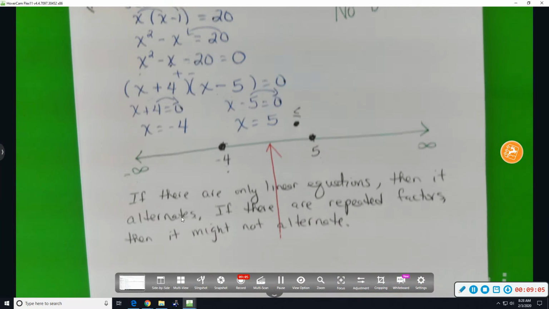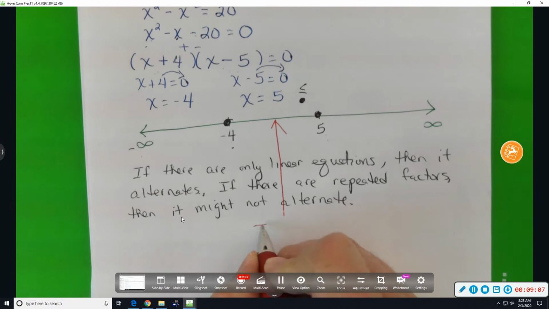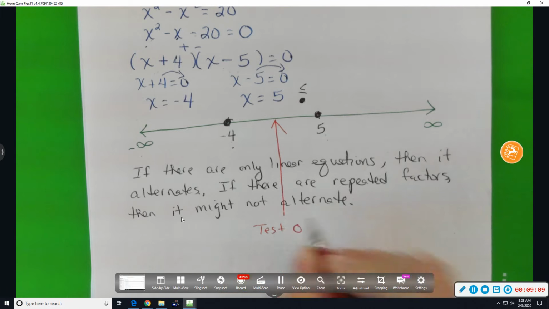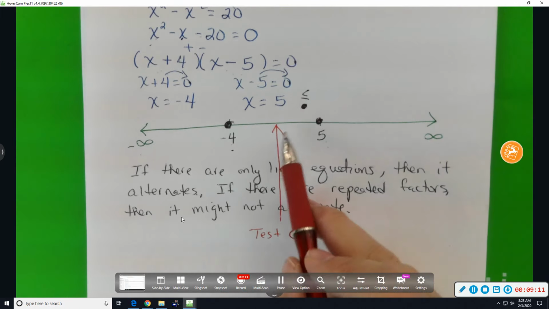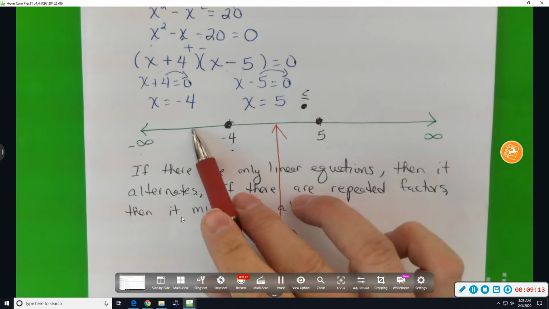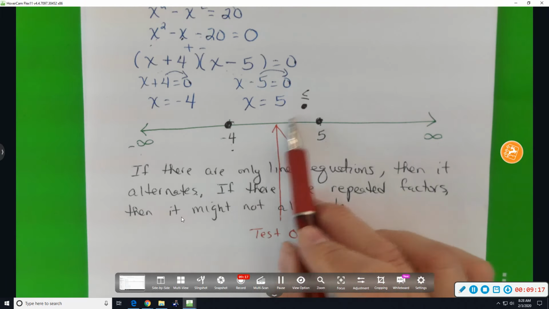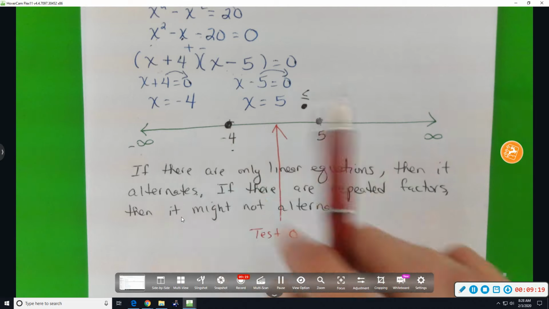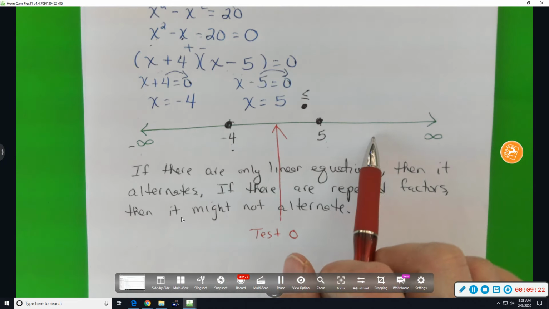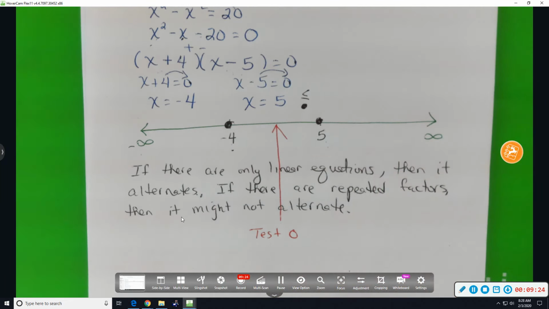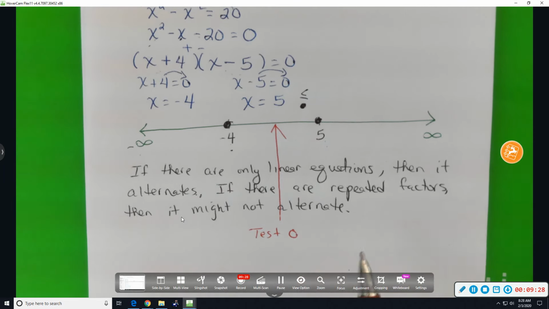So, moving up here, I'm testing this middle interval. If I get a true for this statement, I'll get false and false for the other ones. Okay? If I get a false one here, then I'll put true, true for the others. Okay? So when I test the interval, I have to plug it into the original statement of the problem.